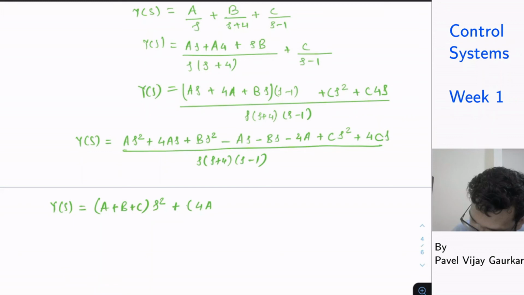The s coefficient, s power 1, is 3a minus b plus 4c equals 0, and the s power 0 term, which is minus 4a, is 1. So this implies a will be minus 1 by 4. So a is minus 1 by 4.